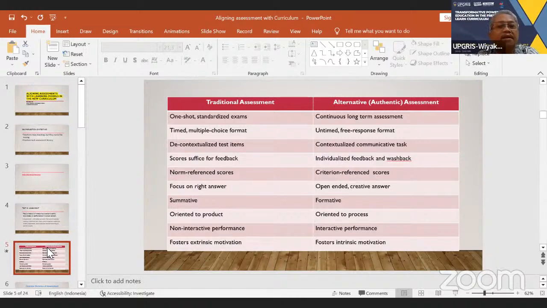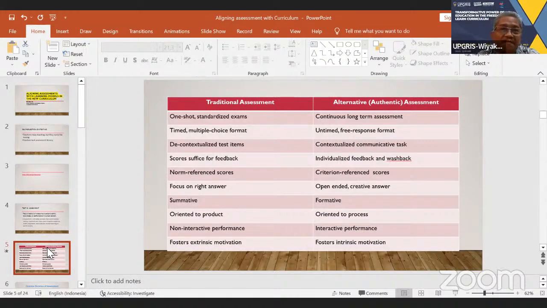Scores serve as the basis for feedback, individualized feedback and washback. In traditional assessment, the score gained by the individual student will demonstrate the final knowledge or competence of that individual student from the result of the test.